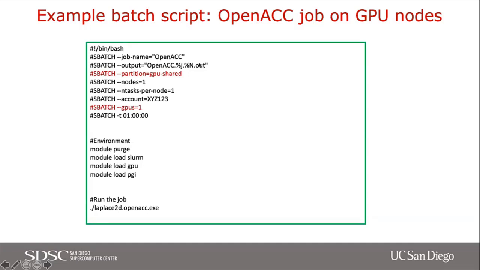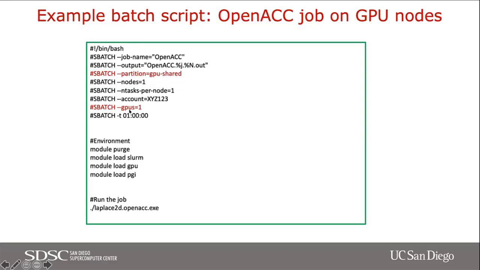So the next thing I want to look at is GPU nodes, and then compare it to what we were doing on Comet. So the partition is gpu-shared, which was similar to what we had on Comet. And I'm doing nodes equals 1 and tasks per node equals 1, and all that's okay.